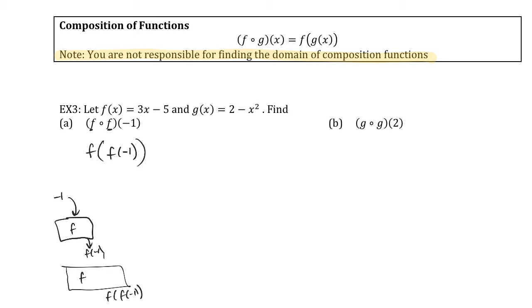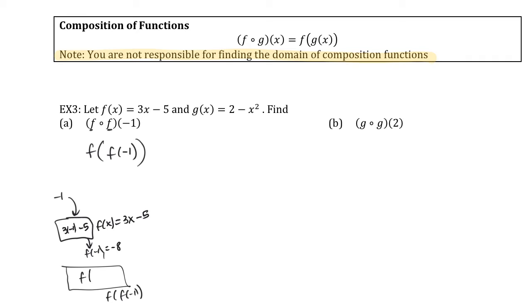All right, so let's go ahead and do this. f of x multiplies my number by 3 and then subtracts 5. So we take -1 times 3 and then subtract 5, and out comes -8.